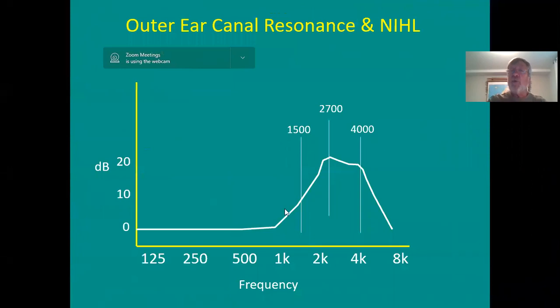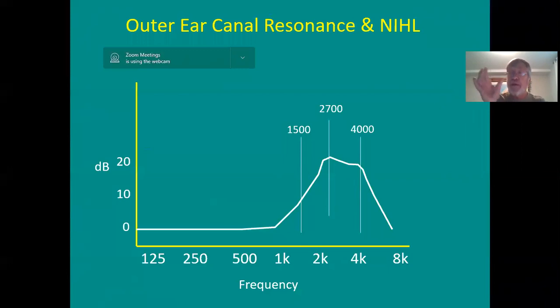Your ear canal resonance, the outer ear canal resonates, remember, with its own mass and stiffness. It's a quarter wave resonator. It's going to resonate with sound waves that are 4 times its length. And in acoustics and in anatomy, we did the math with that. And we came up with the fact that frequency equals speed of sound over wavelength.